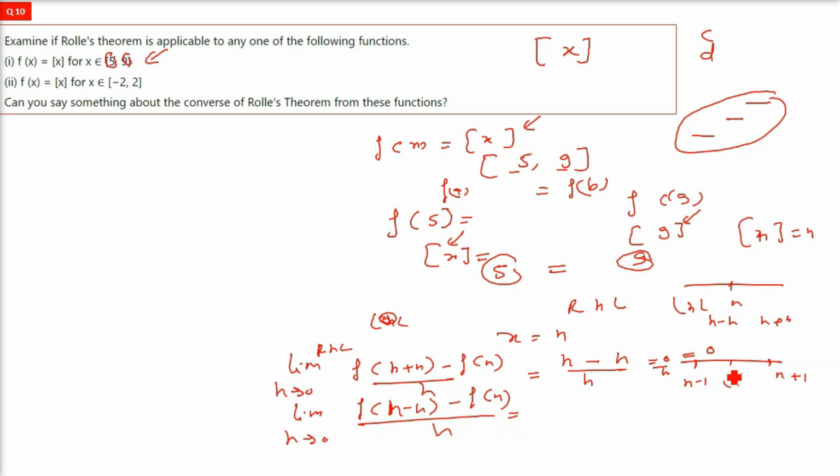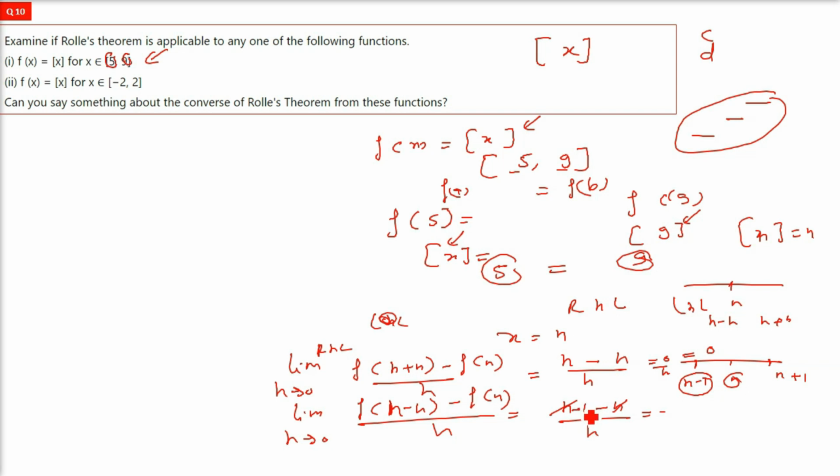You'll get a 0. For n minus h, because I'm taking the left hand limit, what do you get? You'll get n minus 1. As I said, for any value between n minus 1 and n, this function will always return the lower integer, which is n minus 1. So n minus 1 minus n by h, and n gets cancelled. You get negative 1 by h.